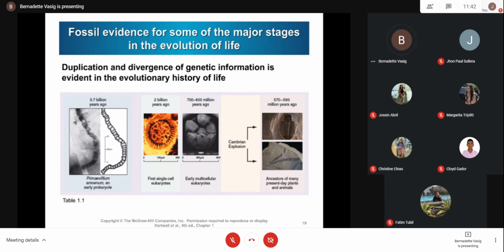This geologic timetable will be discussed in evolution later on. Okay, so it shows that divergence and different mutations that occur within a particular gene family cause a diversification of ancient or primitive organisms.